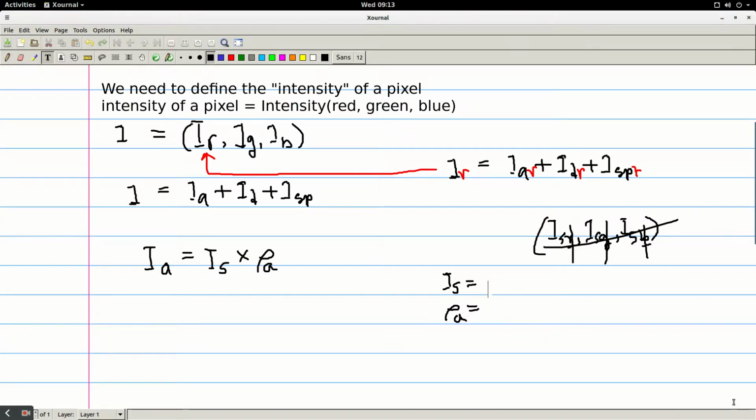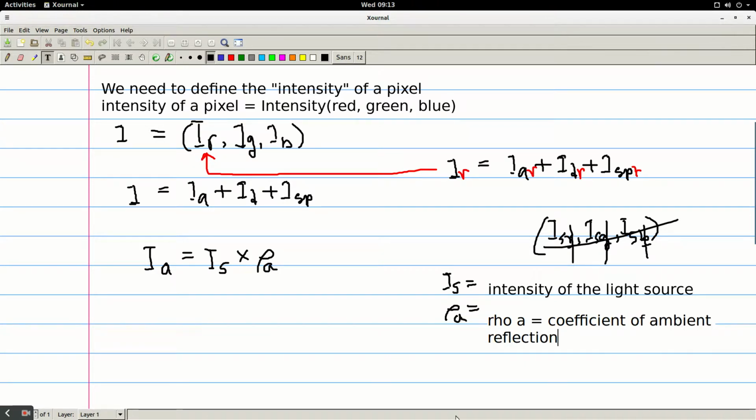So this is the intensity of the light source, and this over here is rho. Rho A is equal to the coefficient of ambient reflection.